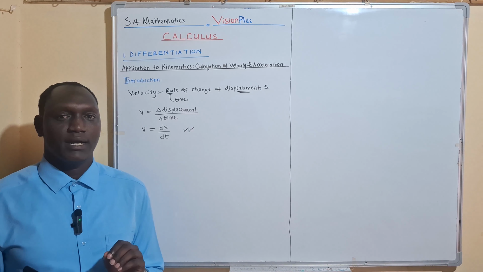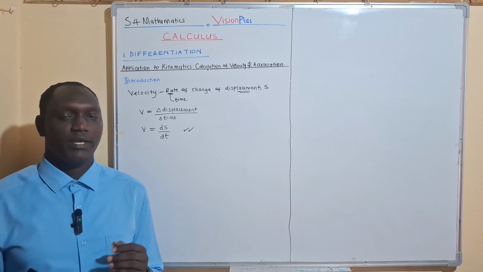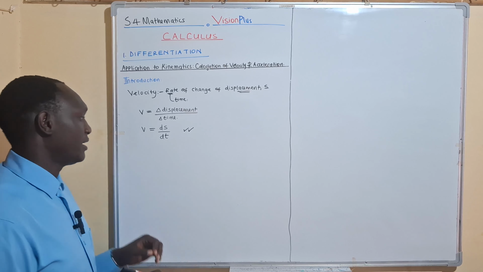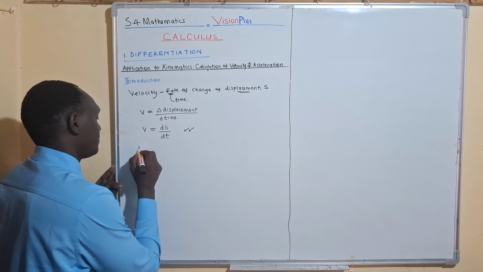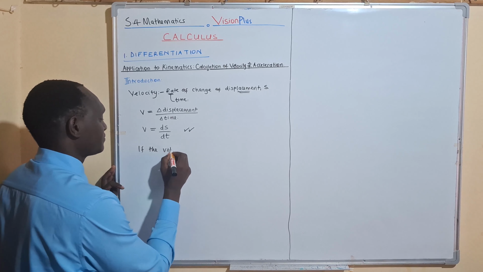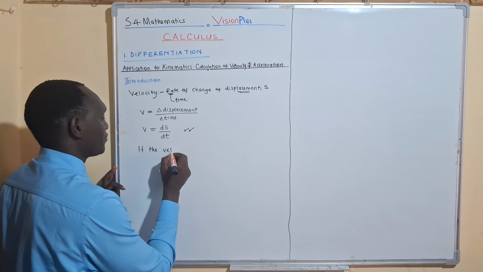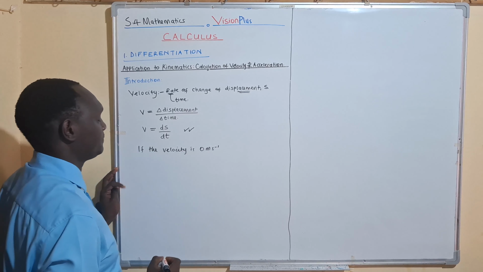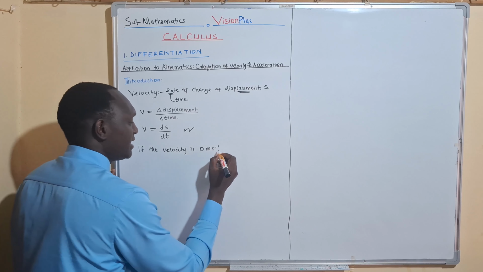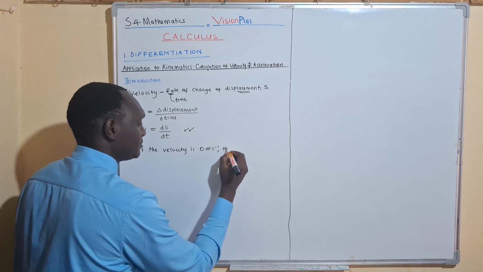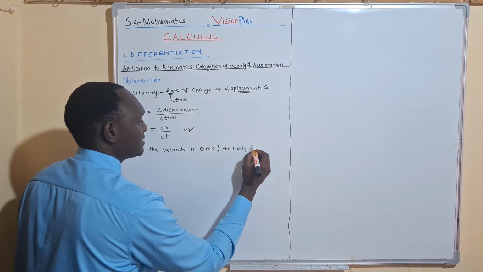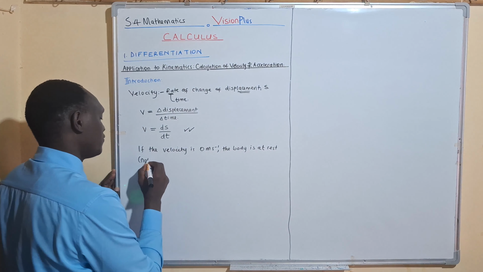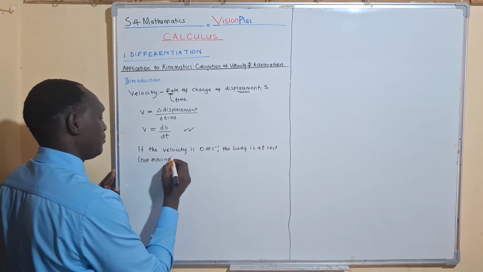Now, let us say that we have a body which has a velocity of 0. So what does it mean if the velocity is 0? If the velocity of the body is 0 meters per second, what does it mean? It means that the body is at rest, or simply the body is not moving, or it is not in motion.